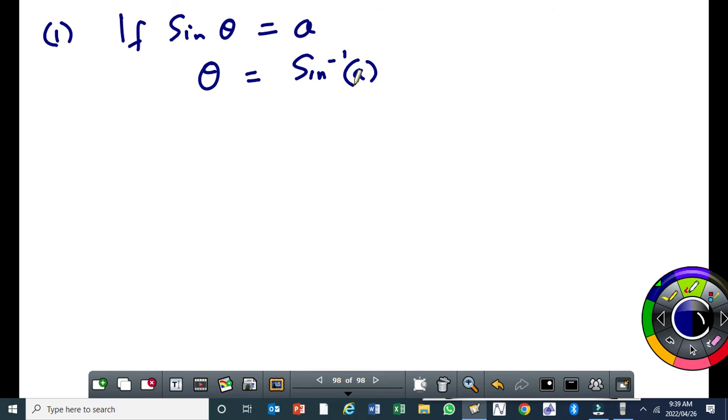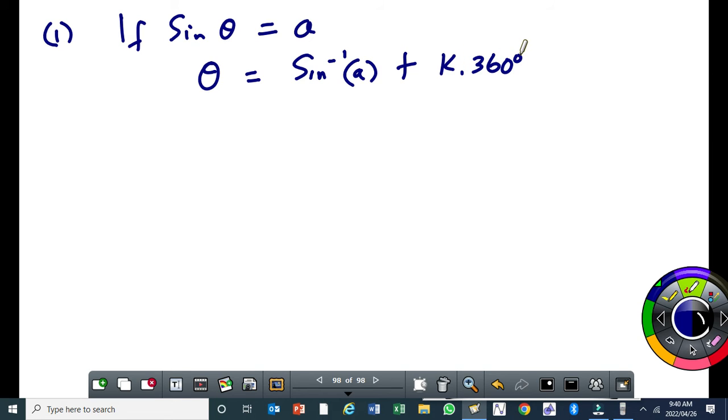Already you heard me saying that the graphs of trigonometric functions are periodic. Therefore, we have got an infinite number of solutions. To get those solutions, we add k, which is an integer, times 360 degrees.